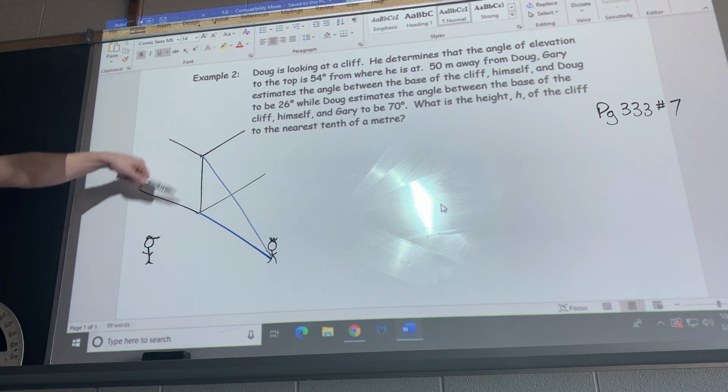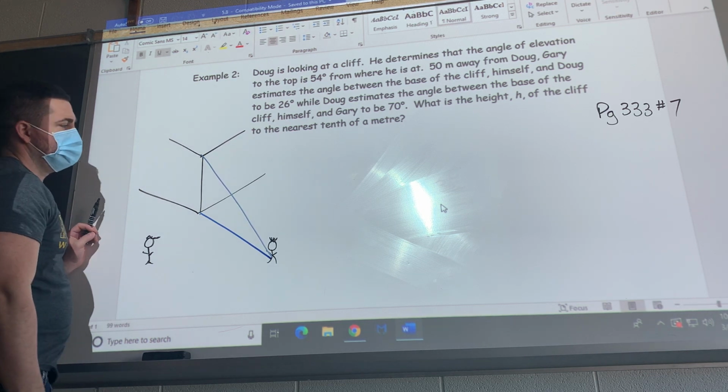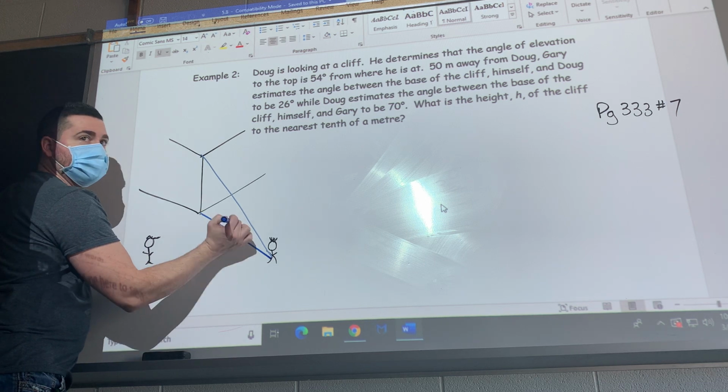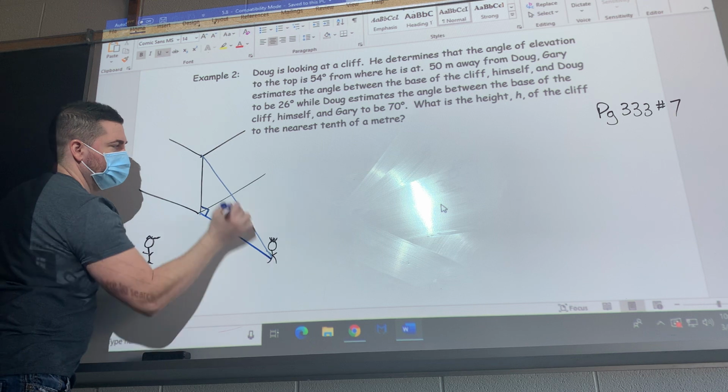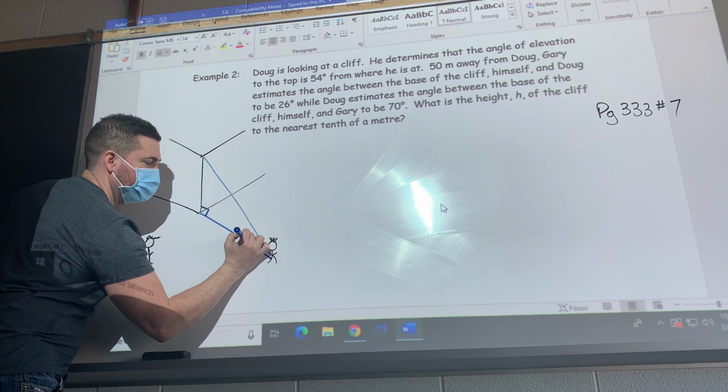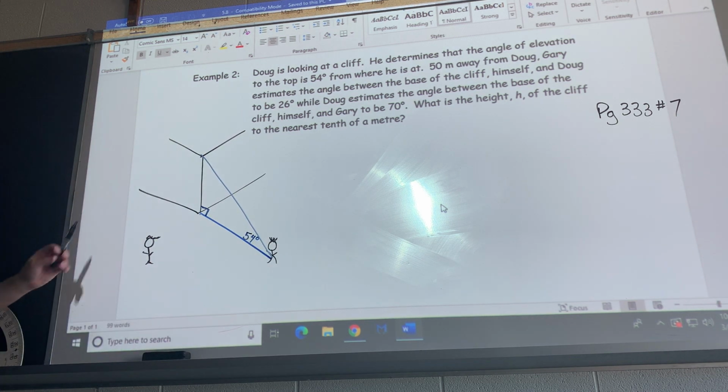Doug is looking at a cliff. If you look at page 333, number 7, this is what it is, and we assume that a cliff will make a 90-degree angle. So the angle of elevation from him to the top of the cliff is 54 degrees.